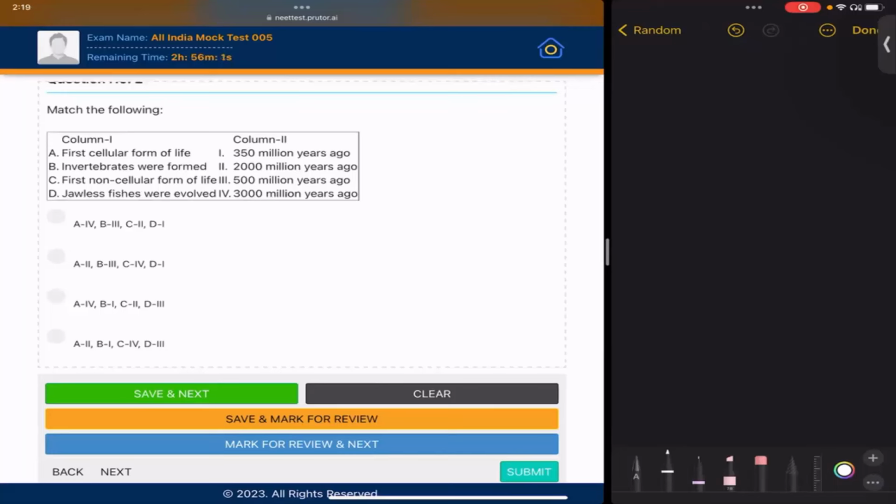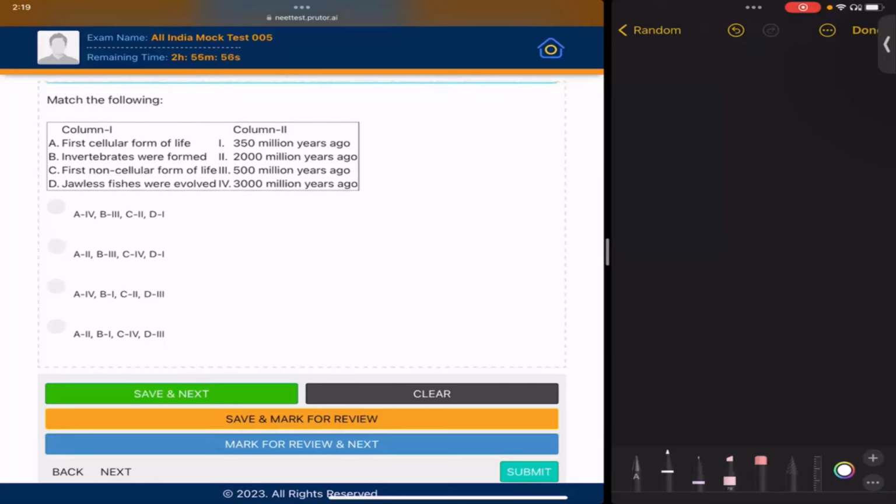Invertebrates were formed around 350, okay, so B goes with 1. And jawless fish, when did they come? That would go for option number 3, 500 million years ago, 350 million years ago. B with 1, D with 3, and C will be 4 or 2. The first cellular form was preceded by the non-cellular form, so C goes with 4, and we will have option D as the answer.